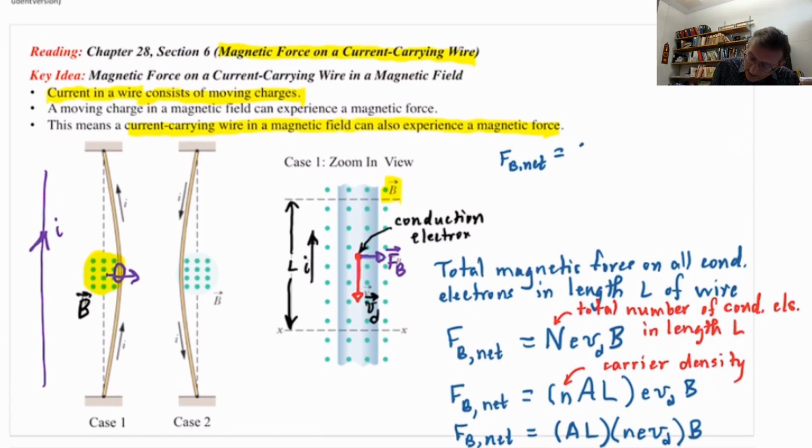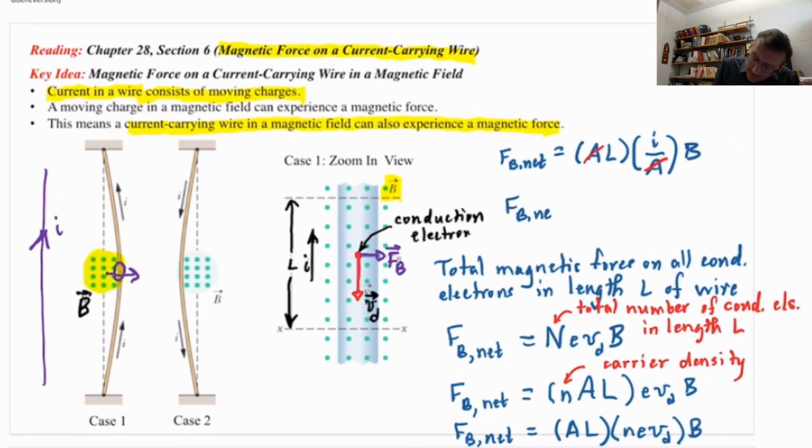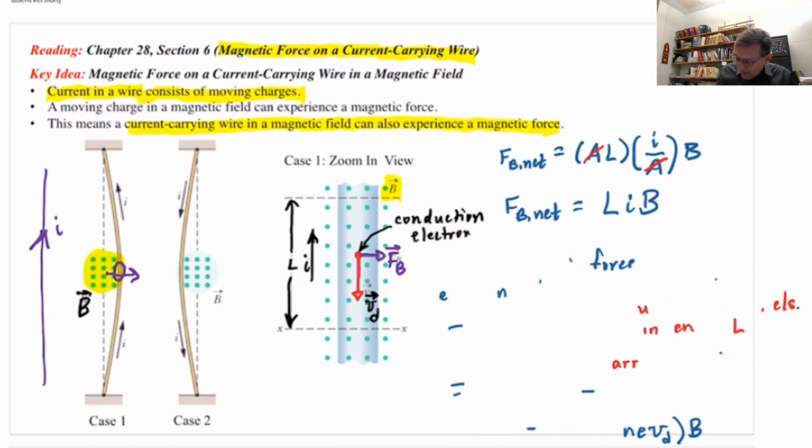So this is cross-sectional area times length, and then current density is total current I over cross-sectional area times B. And then the cross-sectional area cancels out, and I get the magnitude of the net magnetic force on the length L of the wire. Actually it just depends on three things: L, how much current I, and how strong is the magnetic field, B. And that's a handy result, but we do have to be aware of how it was derived, because that will put a slight limitation on it.